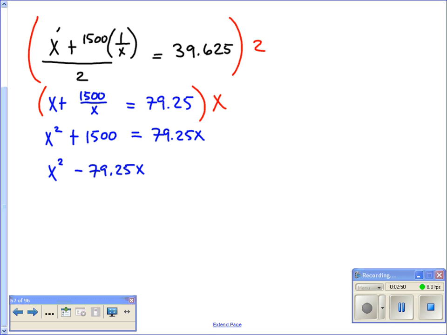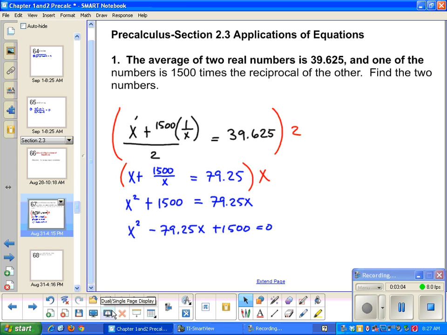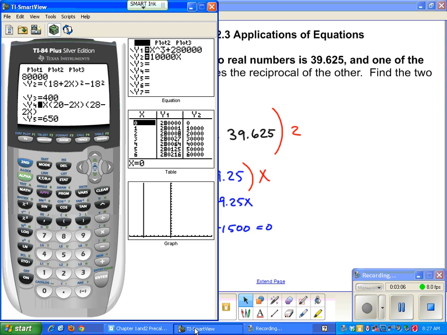And if you think back to the last section, you know that in this case, we could have used the intersection method, or here we're going to use the x-intercept method now that I have everything on one side of the equation. What's going to be the difficult part is going to be finding a good window.